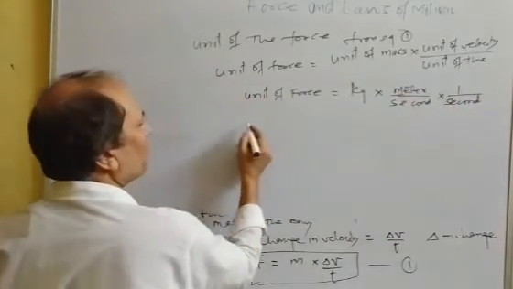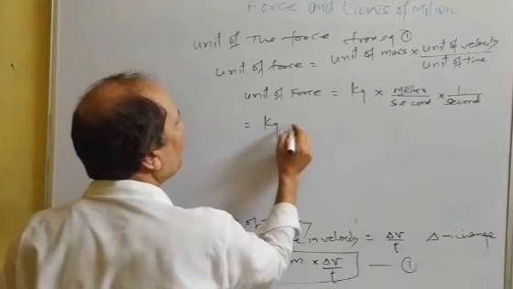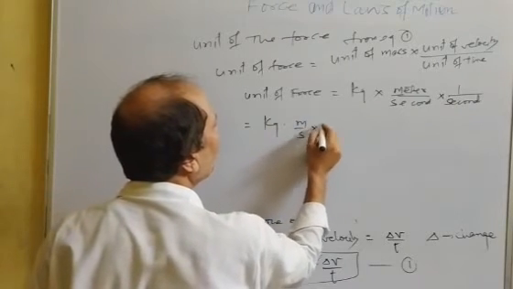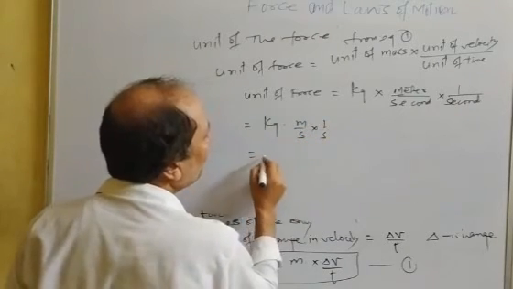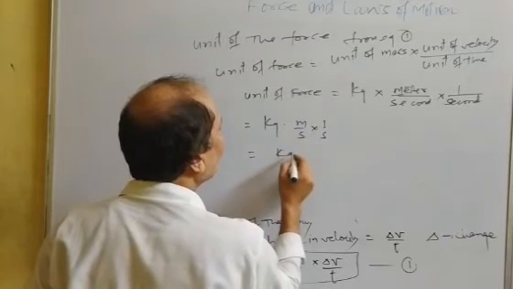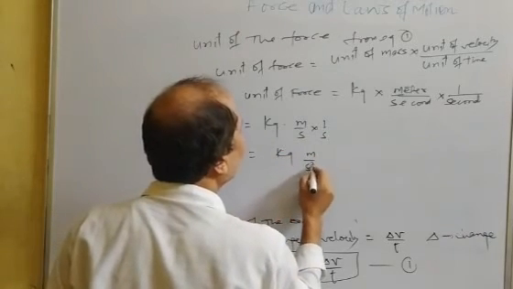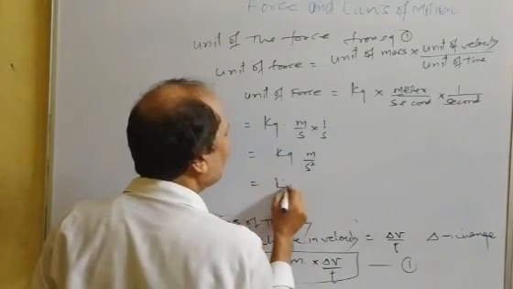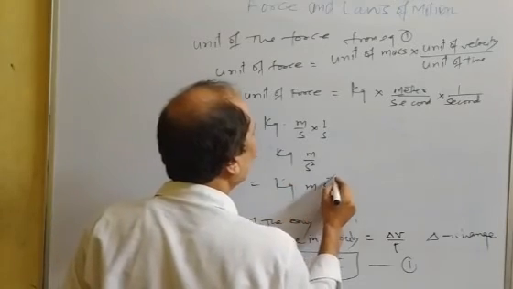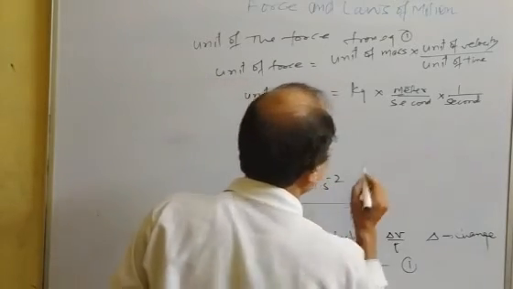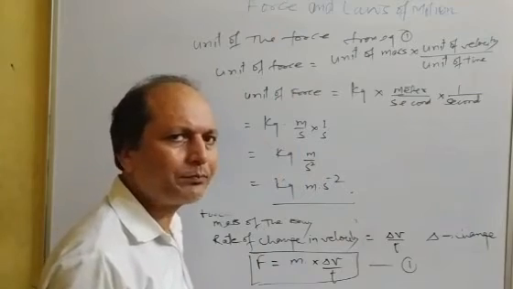So kg into meter per second into 1 upon second, using notations, gives kg into meter upon second squared. I can write that as kg into meter into second to the power minus 2. That is the unit of force.